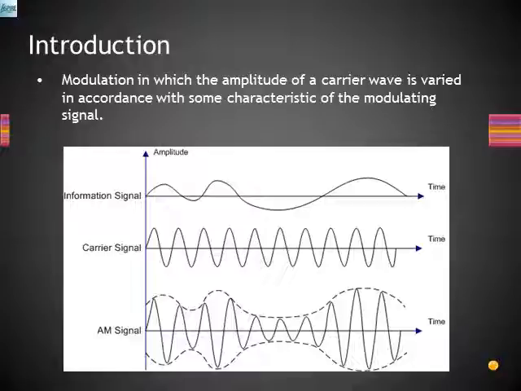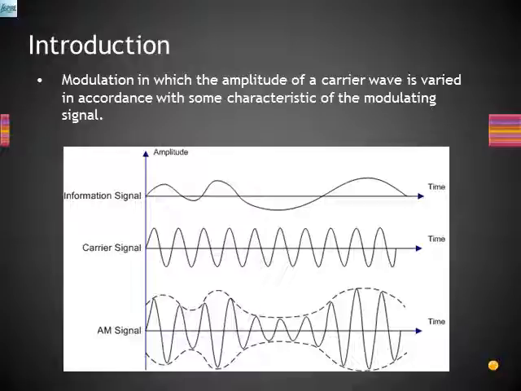In the figure you can see that the amplitude of the signal is not the same. It is varying according to the message signal, and this is amplitude modulation. This is how amplitude modulation is done.